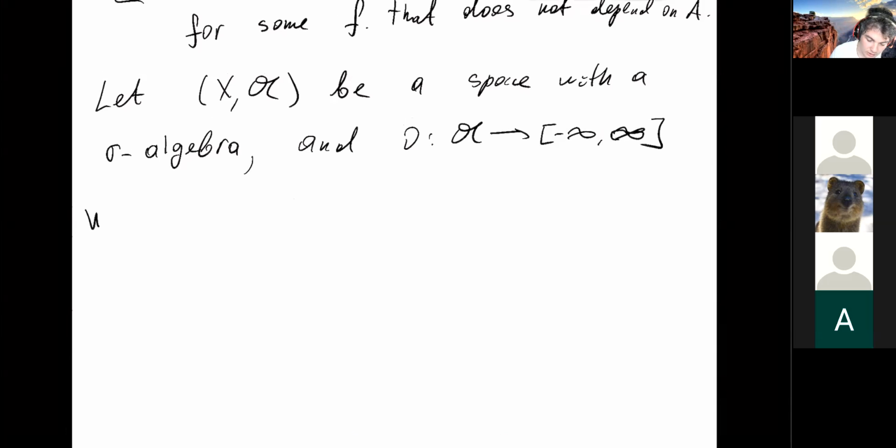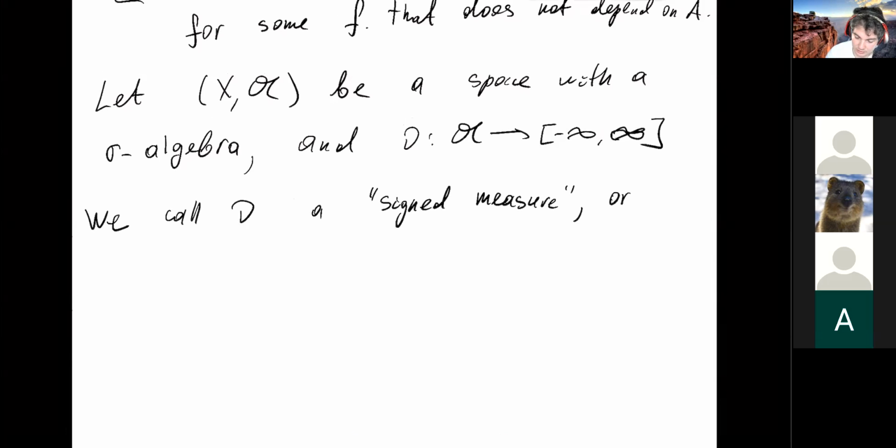So we call nu a signed measure, or sometimes it's called the charge. So charge comes from physics, obviously.